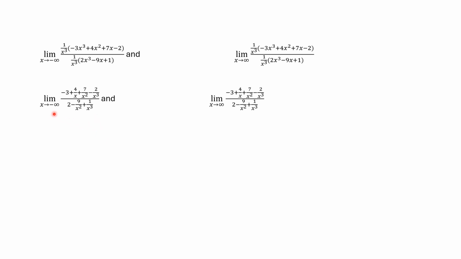Doesn't matter if it's getting large in a positive or negative sense. If we have an infinity in the denominator, the term is going to tend to 0. And of course, likewise with the second limit.